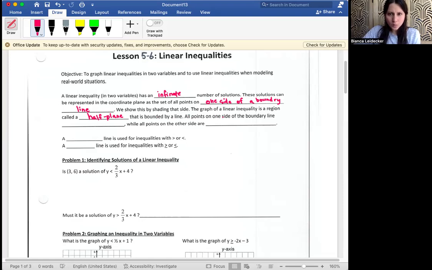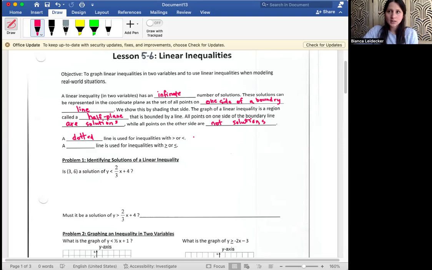All points on one side of the boundary line are solutions, while all points on the other side are not solutions. A dotted line is used for inequalities with greater than or less than.